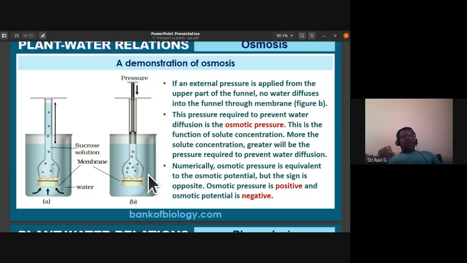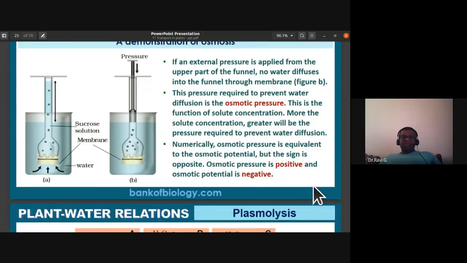So numerically, osmotic pressure and osmotic potential are equal, but the signs are different. Osmotic pressure is positive, osmotic potential or solute potential is negative. So please remember this, even though the values are the same.